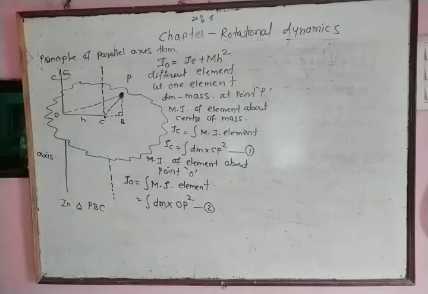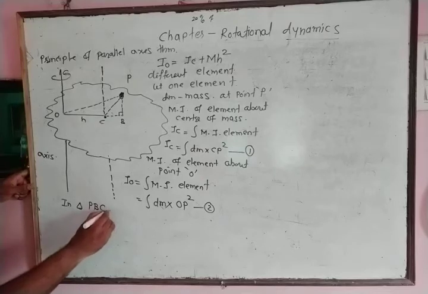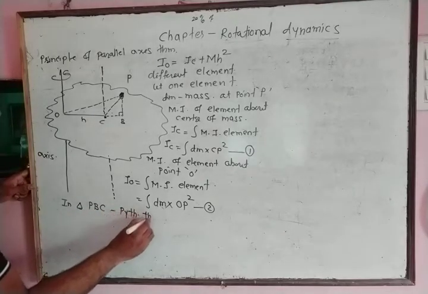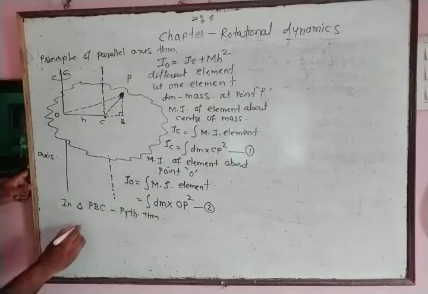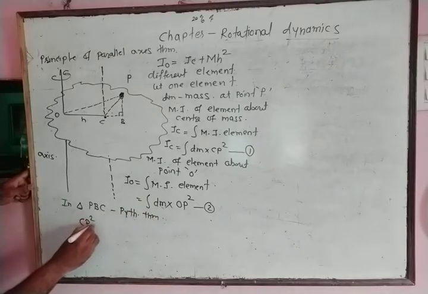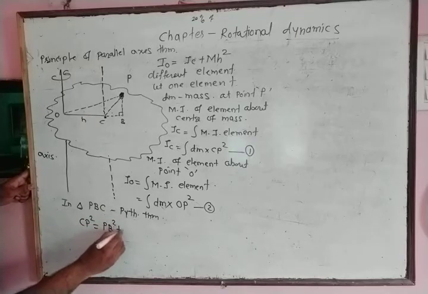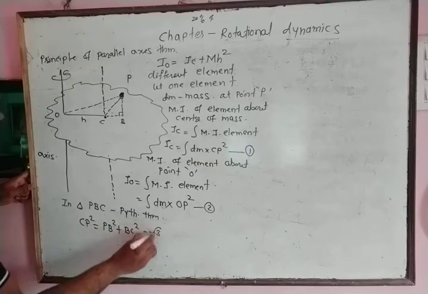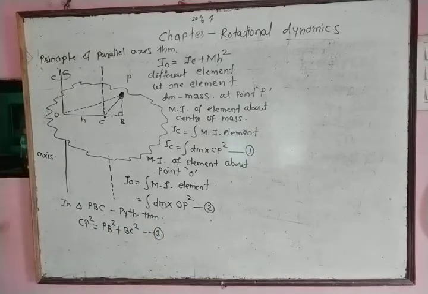In triangle BPC, by using the Pythagoras theorem, CP square is equal to PB square plus BC square, and this is equation number 3. We can use equation number 3.